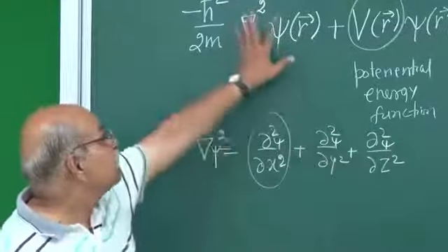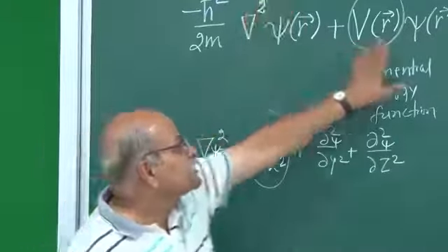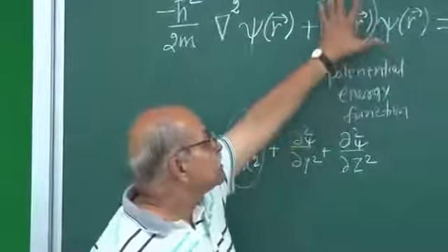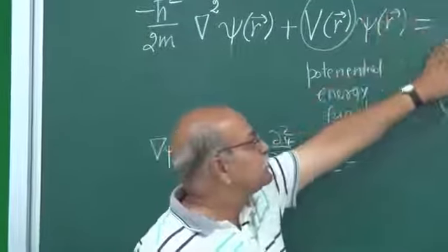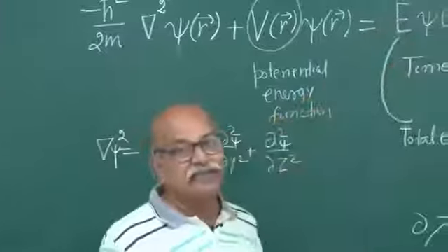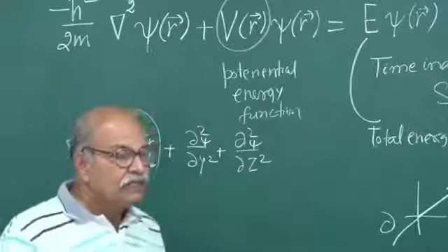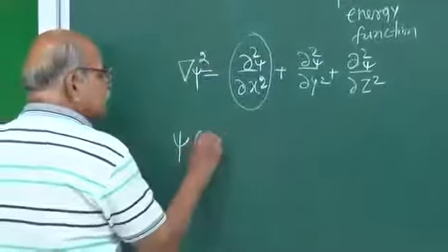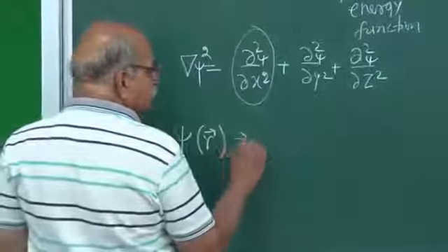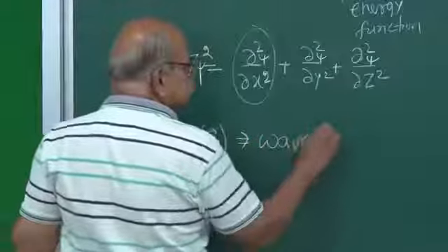This is a simple multiplication of the potential energy function and psi, and then you have this energy and this psi here. Then there are certain conditions on this psi function. This psi function is a very mysterious function, and it is known as the wave function.